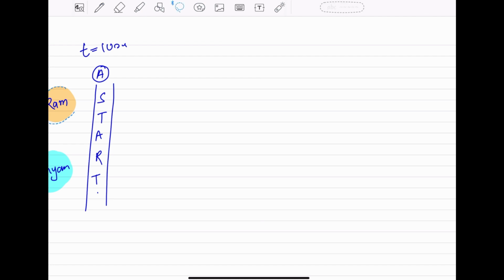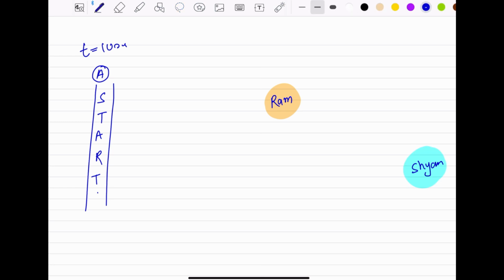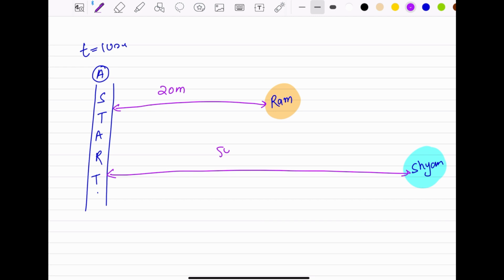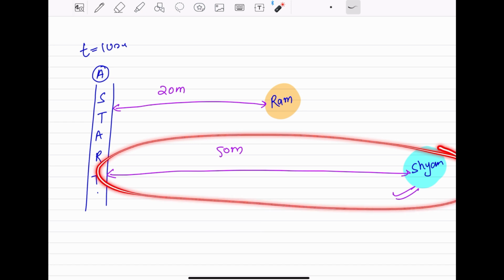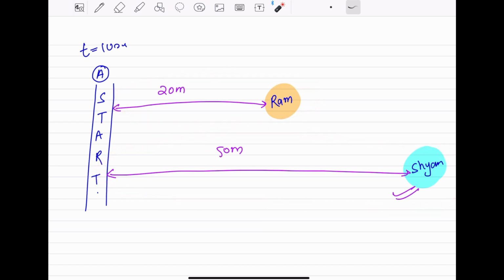In 10 seconds Ram reached here whereas Sham reached here. So let's say when I measured the distance, this is 20 meters and this distance is 50 meters. So can I say that Sham in 10 seconds ran for 50 meters whereas Ram ran for only 20 meters.